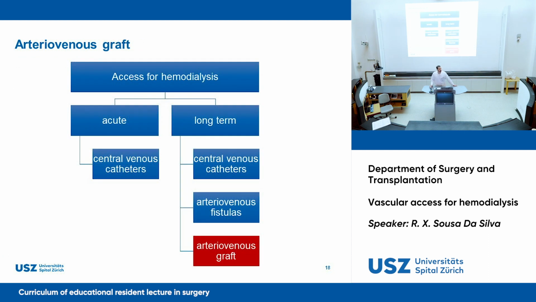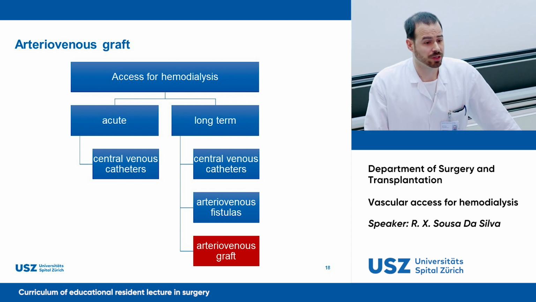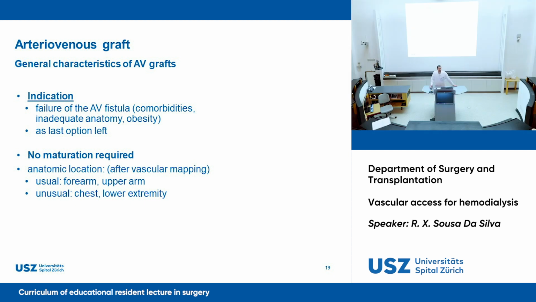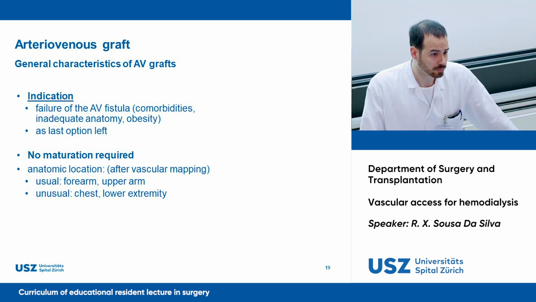Last but not least, there is also the possibility to use arteriovenous grafts. Their indication is mostly failure of an AV fistula or comorbidities, especially inadequate anatomy, no veins, or obesity. They are always left as a last option. They don't need any maturation.